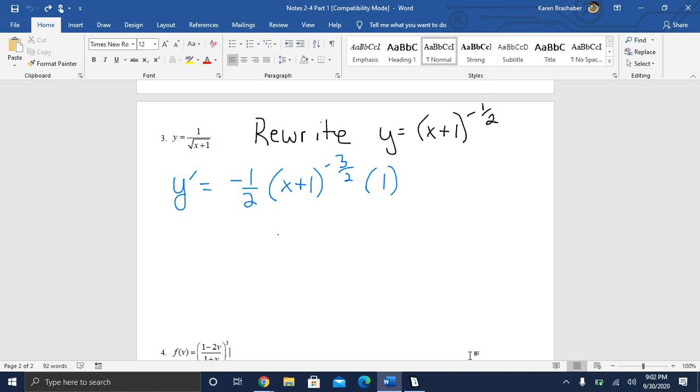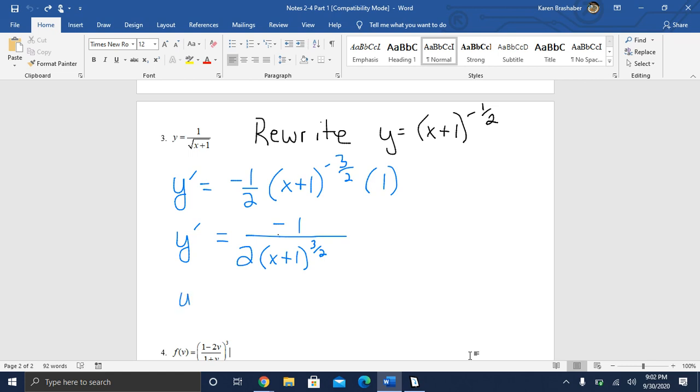But I think it's a good habit to write that. And then as you're simplifying it, you could put the negative 1 in the numerator, and in your denominator, have the 2 and the x plus 1. When you're moving it to the denominator, you'd use a positive exponent of 3/2.